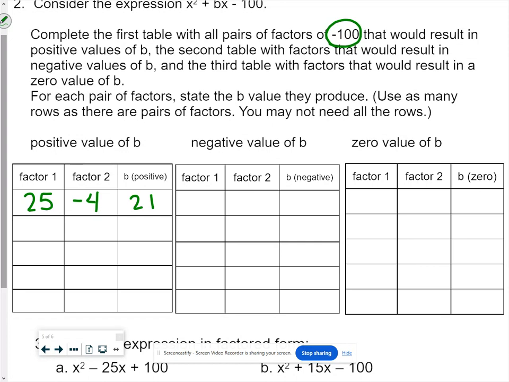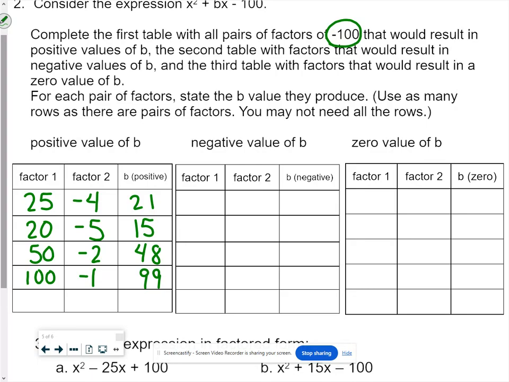Okay. How about 20 and negative 5? Notice I'm putting the bigger numbers as the positives here. When I add those two together to get a sum, I get 15. I can also use 50 and negative 2, which would give me a sum of 48, and 100 and negative 1, which would be a sum of 99.